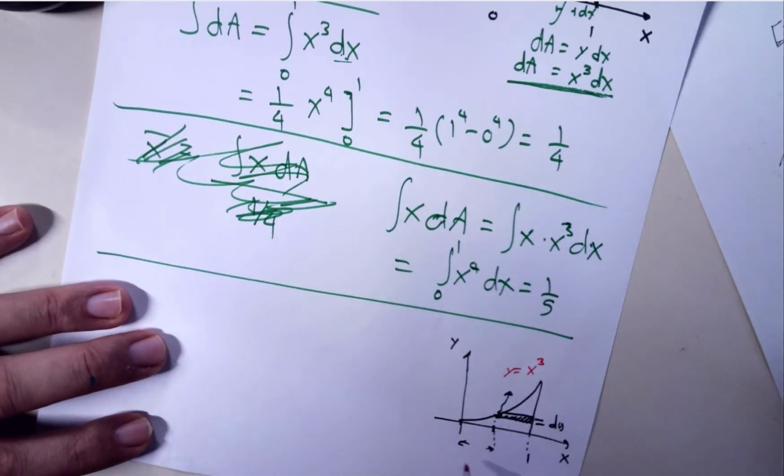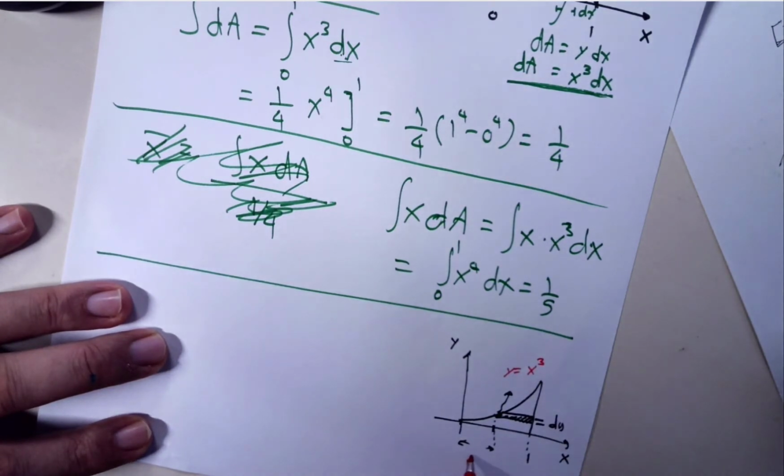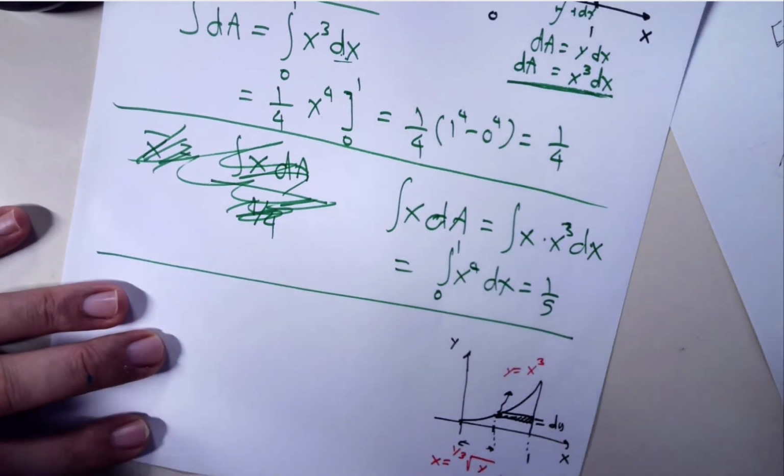So if I want to calculate x, I need to take the root of that. So this becomes 1/3 of what? Y. This will become x, or I can say x equals y to the 1/3. So this is the distance from here to here.